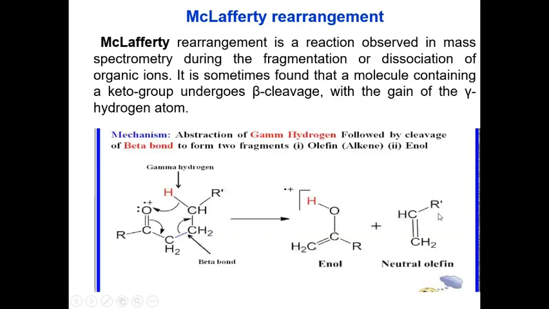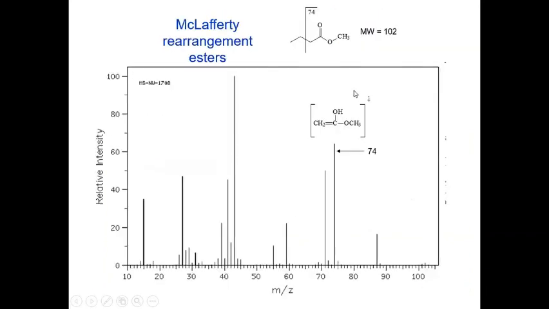We will get a neutral olefin, and we will get an enol. This is an example of a McLafferty rearrangement, and this is one example of a compound which undergoes it.